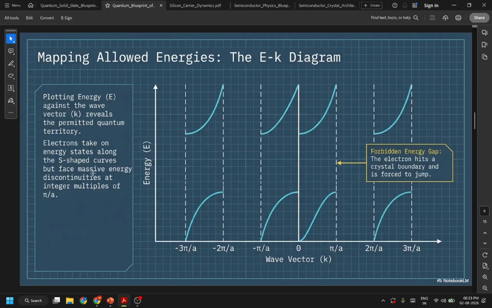But they will face massive energy discontinuities at integer multiples of pi by a. So in this region they are allowed, but at this point they have to jump to another region because of forbidden energy gaps. So the electron hits a crystal boundary and is forced to jump.